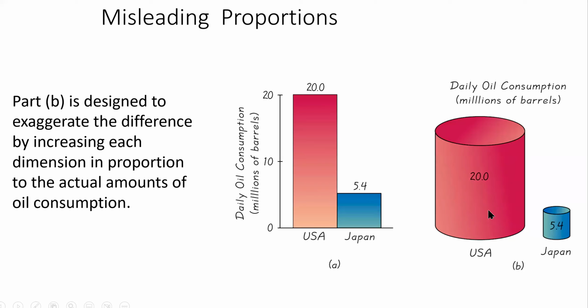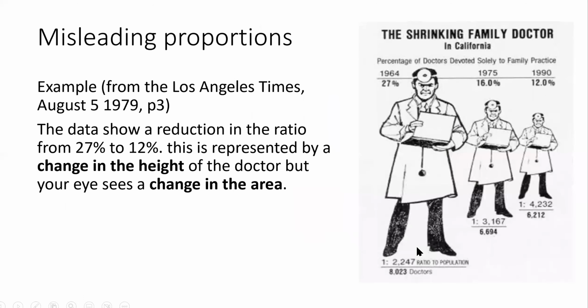So when we now look at these two barrels, the one on the left is not just 4 times as big as the one on the right, but many times bigger, at least 8 times as big. Okay.